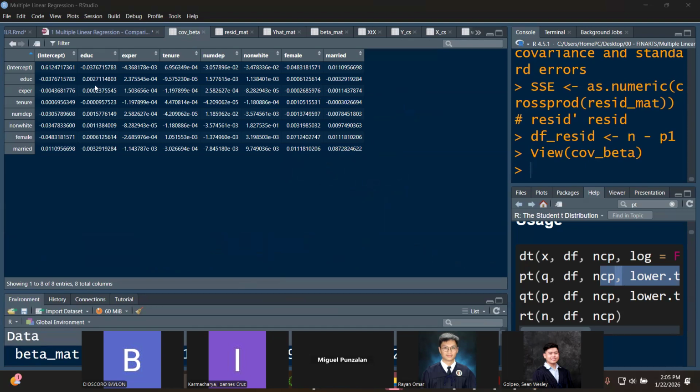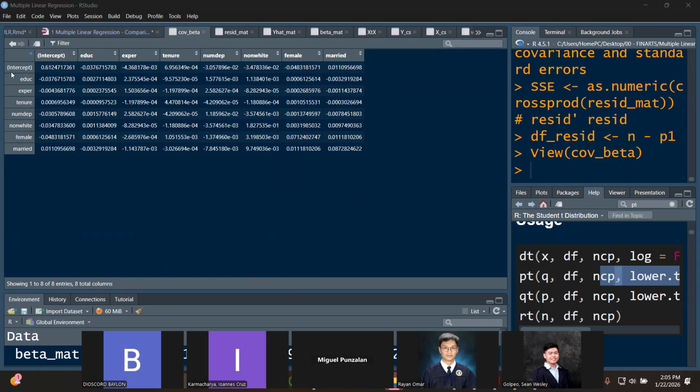Okay, take a look at this. It's an 8 by 8 variance covariance matrix. This is called your variance covariance. Why is it called your variance covariance? Because the diagonals, class, this one, the diagonals, it's the covariance of the parameter with itself.